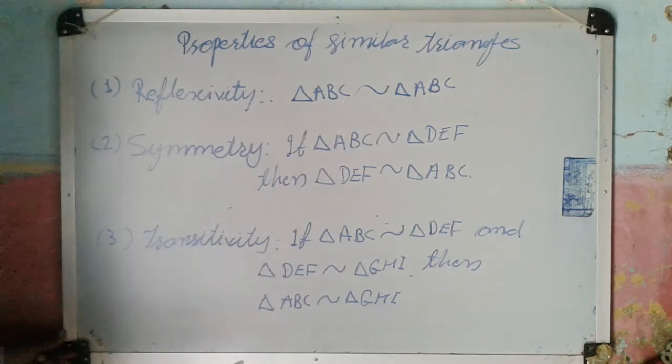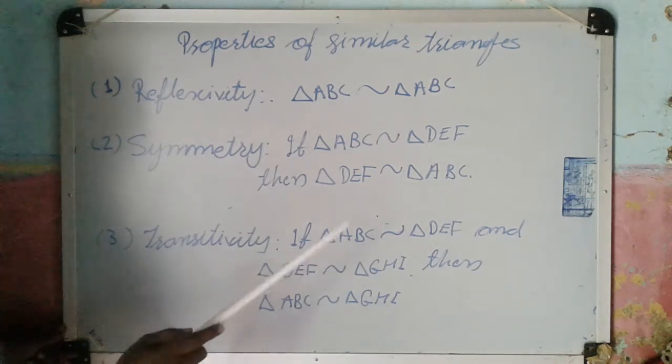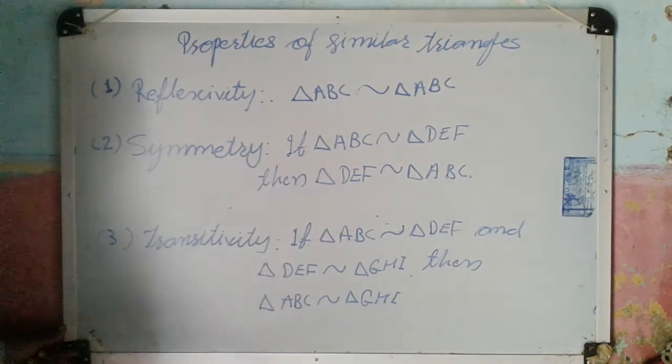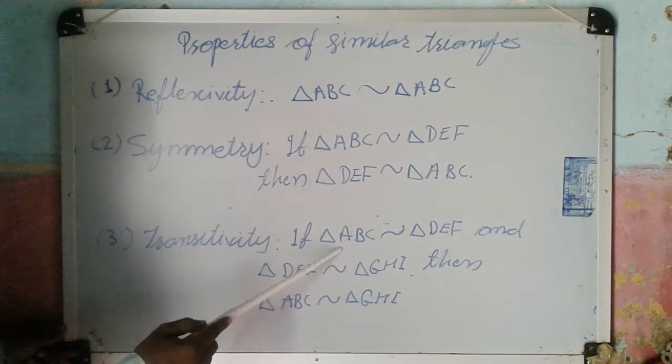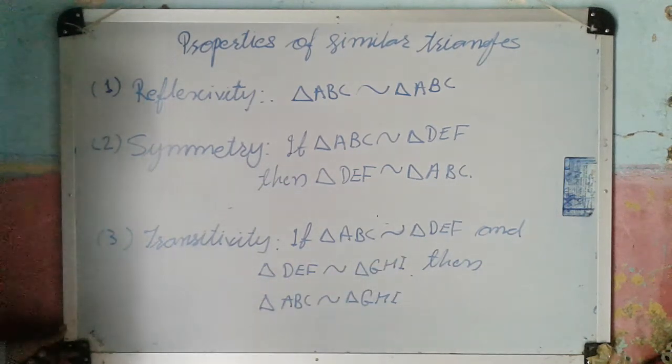And the third property is transitivity. Here three triangles are there: ABC the first triangle, DEF the second, and GHI the third.